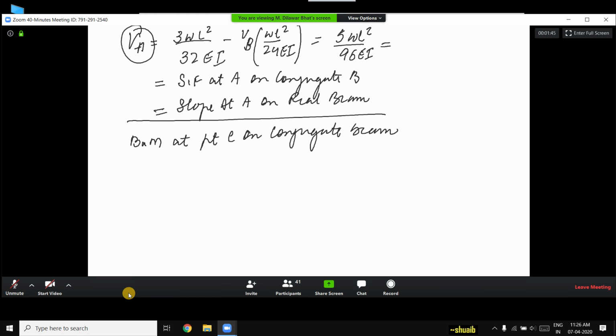In order to calculate your bending moment at point C, it will be simply equal to VA multiplied by L by 2 minus WL square by 16 EI times 1 by 3 of L by 2.